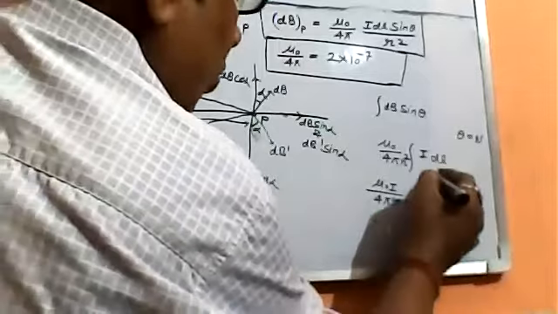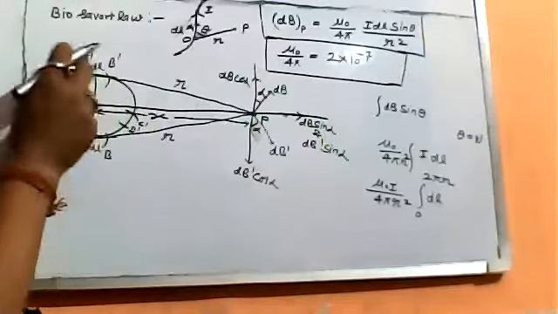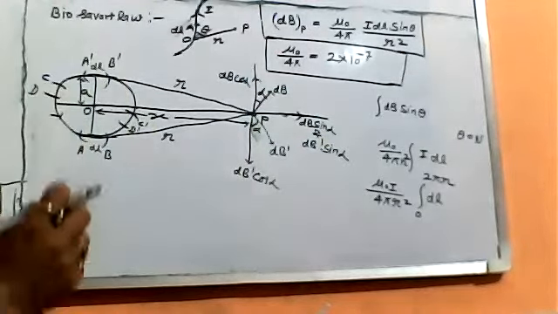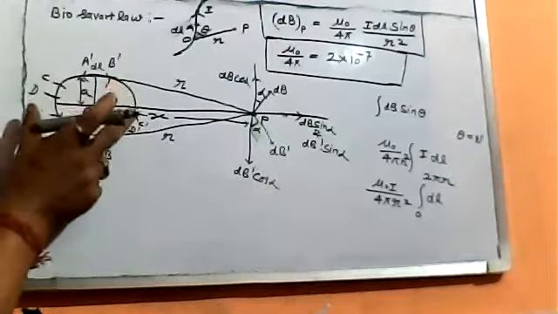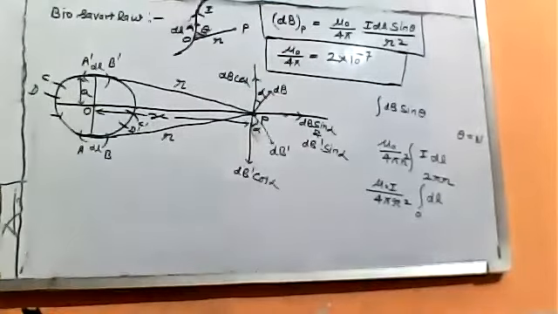0 to 2 pi r. The minimum length which we have taken here may be 0, very close to point AB or A dash B dash, and the maximum distance between AB and A dash B dash is the circumference of the circle, so 2 pi r.